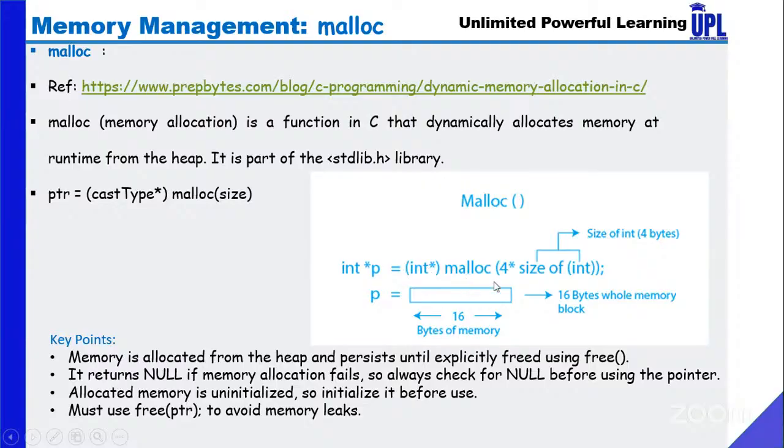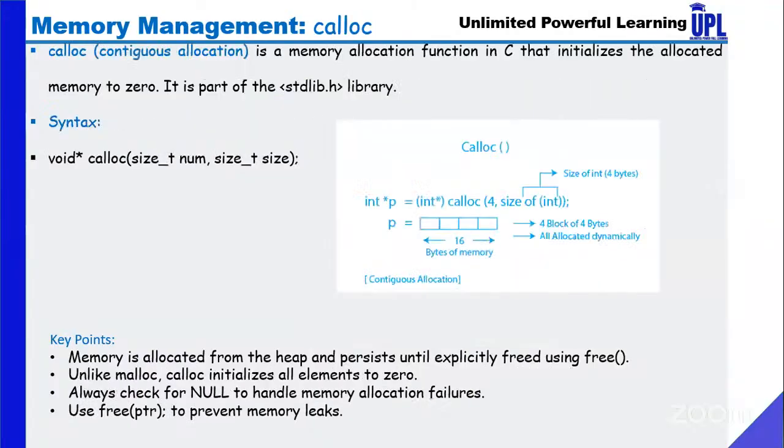How much size? 4 into sizeof integer, that is 4 into 4, 16 bytes of memory is allocated to hold integer type values. Then only you can start using the dynamic heap memory for our data structure. This is how we can do that. Let me do some coding after this, and we'll try to understand.